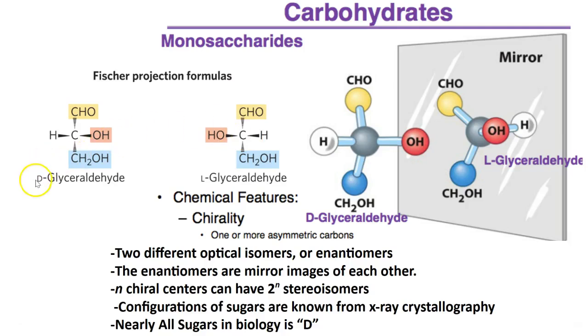The difference between the D and L, if you put a line in between, you'll see once again that you have this mirror image, which is demonstrated right here. And just know that these two are enantiomers of each other. Nearly all sugars in biology are D.